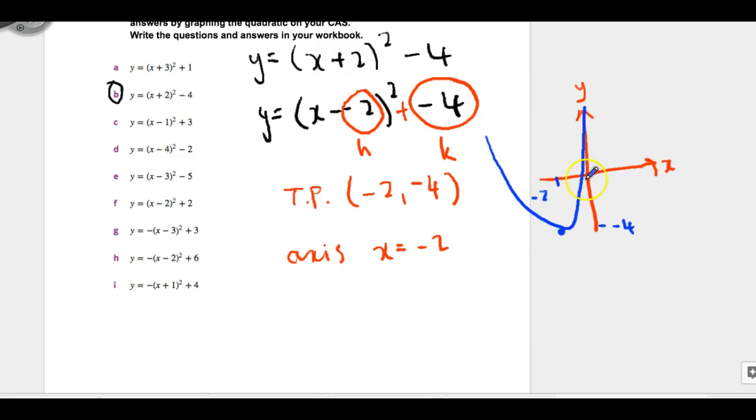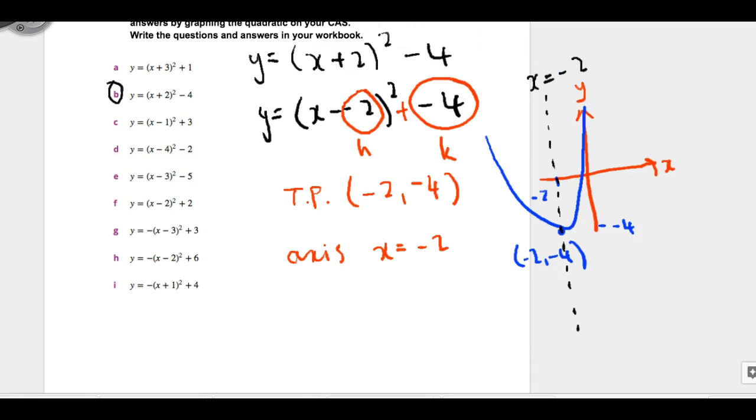Again, we should be looking at where it crosses the x-axis, but I'm not going to do that now. Too much information for you if I do that as well. So (-2, -4), and then your axis of symmetry right down the middle at x equals -2.